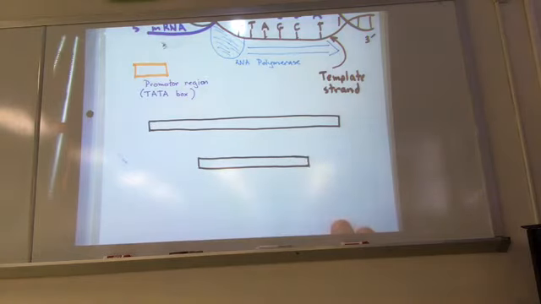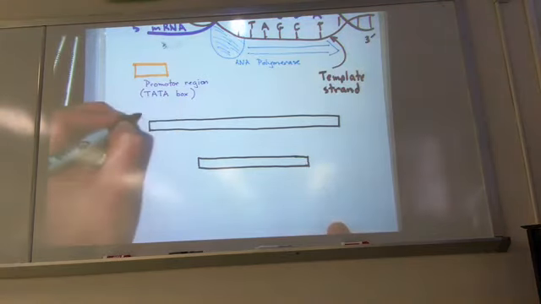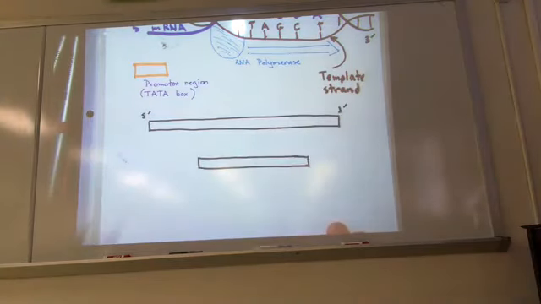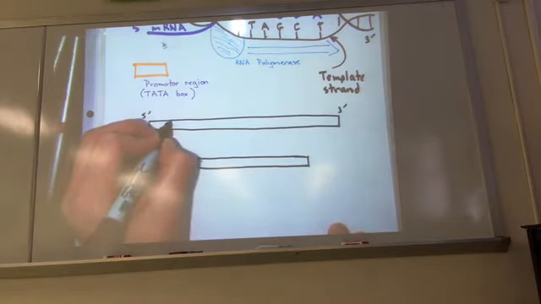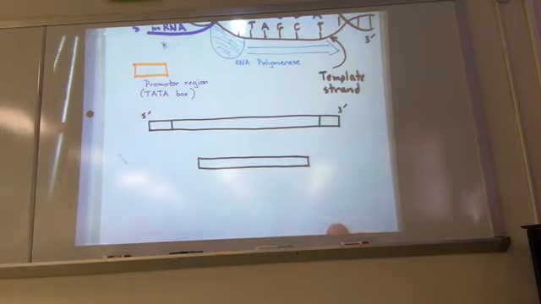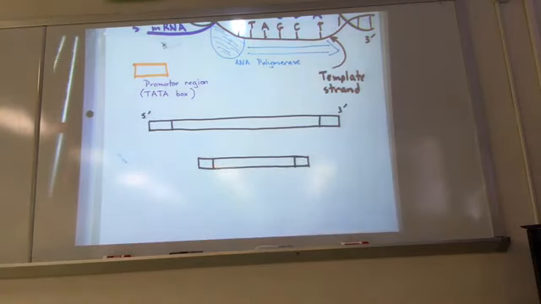On this, this will be my 5' end here, and this will be my 3' end. So I'm going to have my cap and my tail, which we'll have down here as well on the final product. And then in between, we are going to have regions.